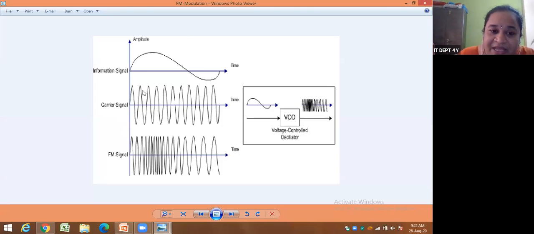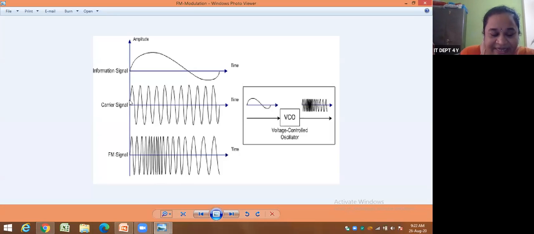Frequency is nothing but the number of cycles per time. Until it is ending, or where it is changing from the positive side to the negative side, its frequency has been increased.